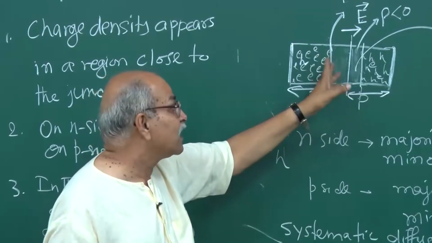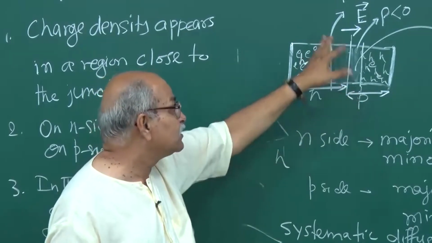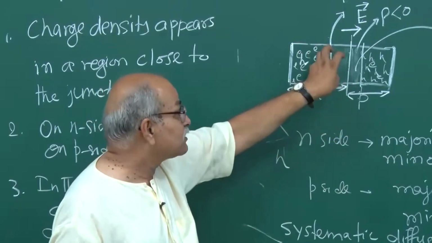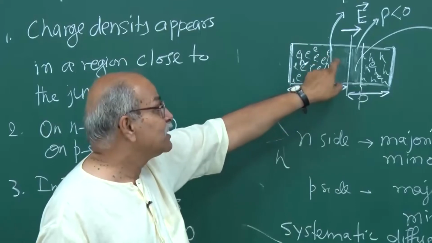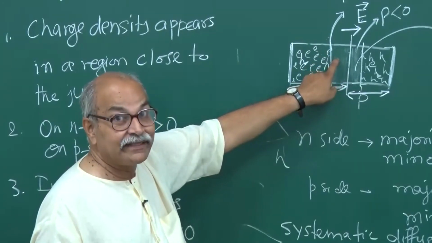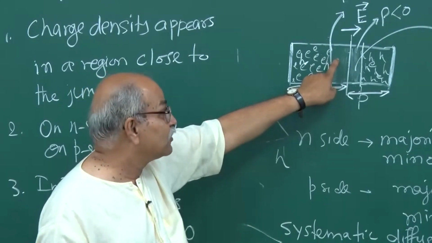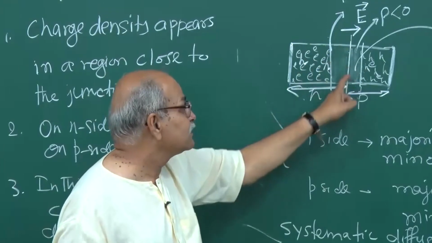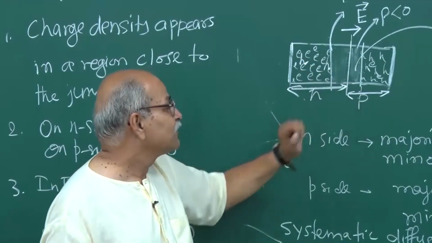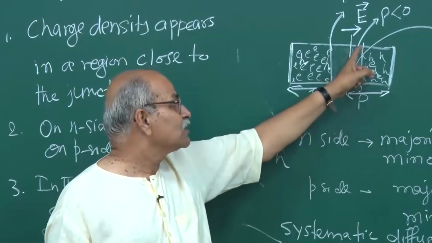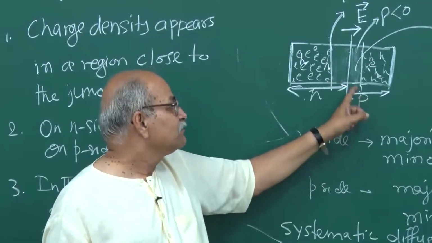Although the conduction electrons are not there, the holes are not there, still those pentavalent impurities that we have put in, arsenic or phosphorus, are distributed in this entire region. This is still an N type region. And similarly here, although there are no holes, no electrons, still it is P type.